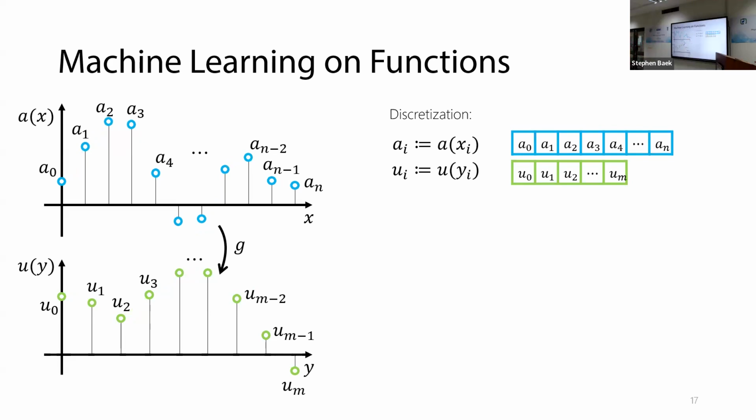So in that setup, now we have a vector, an array of a's, and then we have an array of u's.